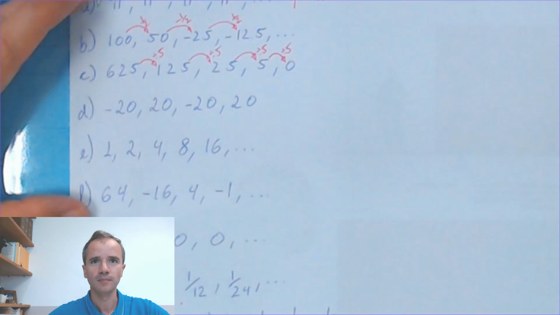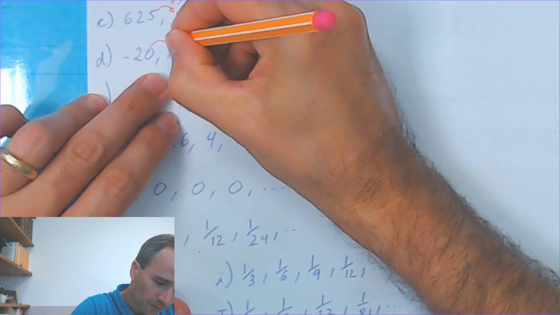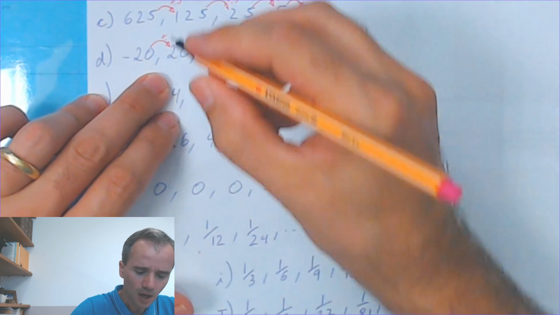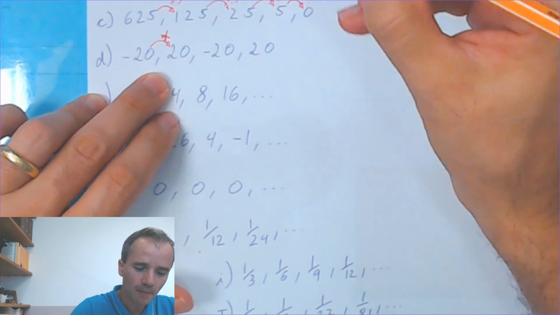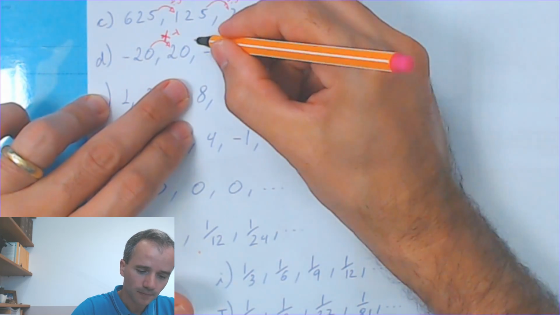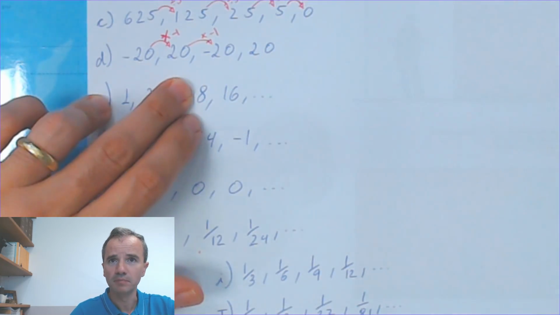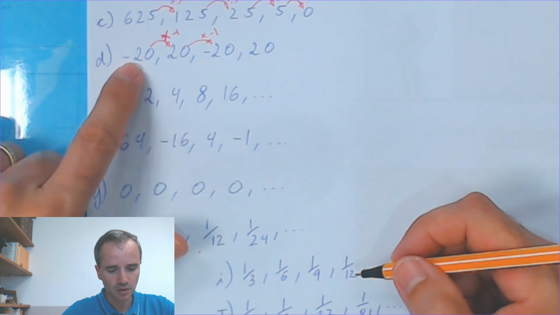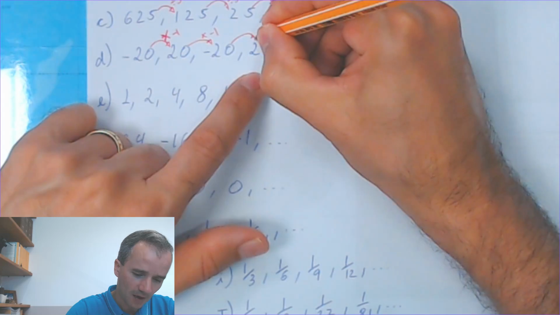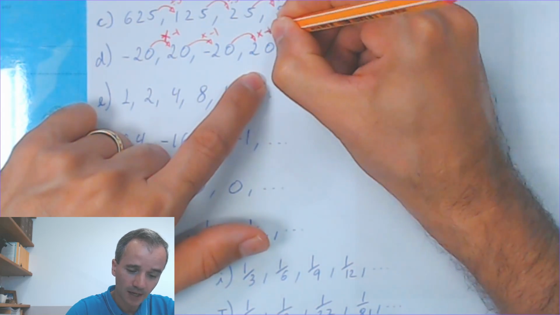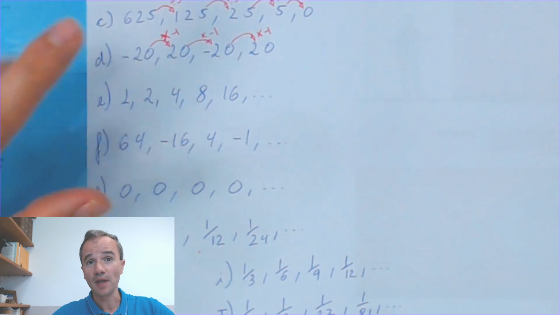Now, let's see some more. D. From here to here, let's just multiply, it's easier. Multiply by minus 1, and again by negative 1. It works: minus, plus, minus, plus. Every time we multiply by negative 1, we just invert the sign, and the number stays the same.